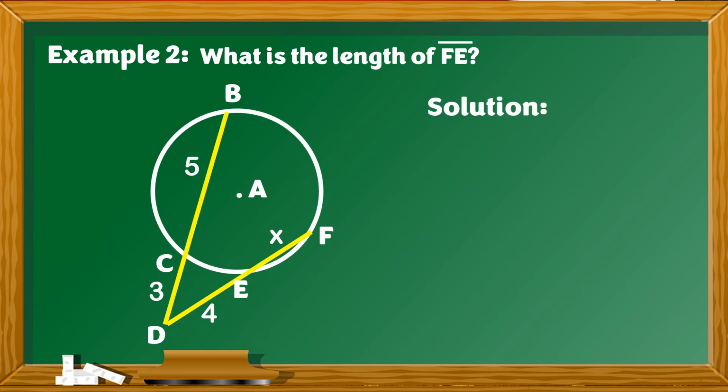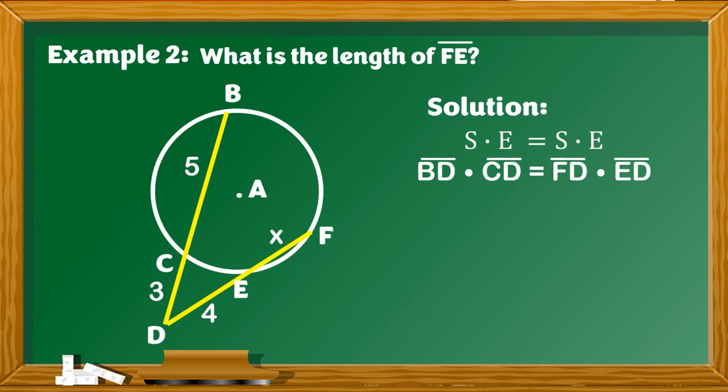For the solution, first we're going to write the mathematical expression applying the theorem on segments of secants. So we have S times E equals S times E. So we have line segment BD times line segment CD, that is the external, is equal to line segment FD times line segment ED.